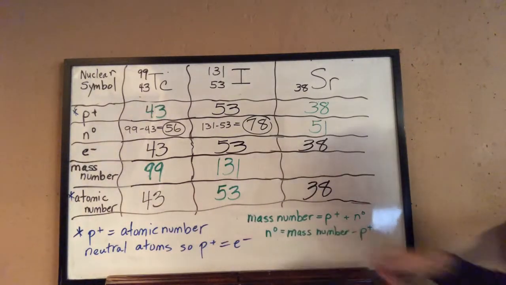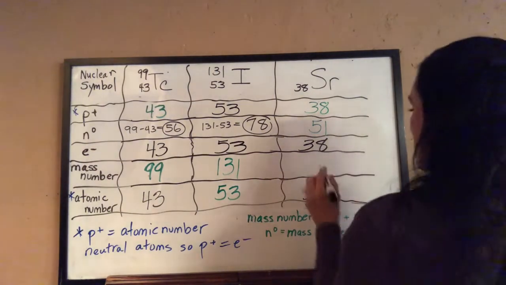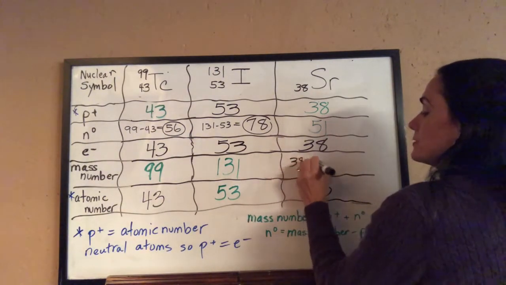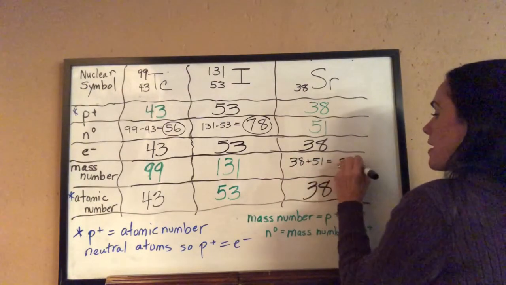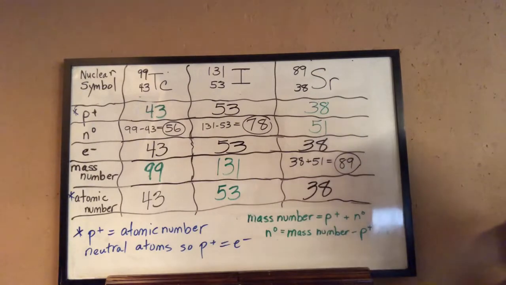Mass number is the sum of the protons and the neutrons. 38 plus 51 gives you 89. That would also go up here.